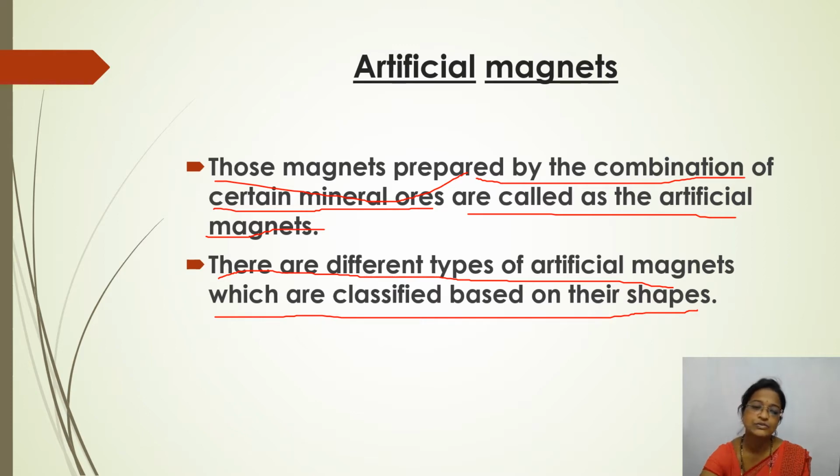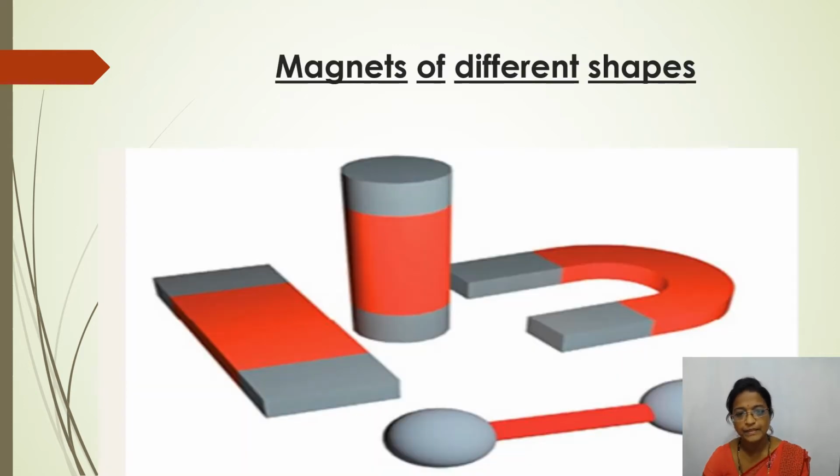Which are those shapes? Let us see. This is a bar magnet, cylindrical magnet, horseshoe magnet, and this one is a ball-ended magnet. So these are the magnets of different shapes.